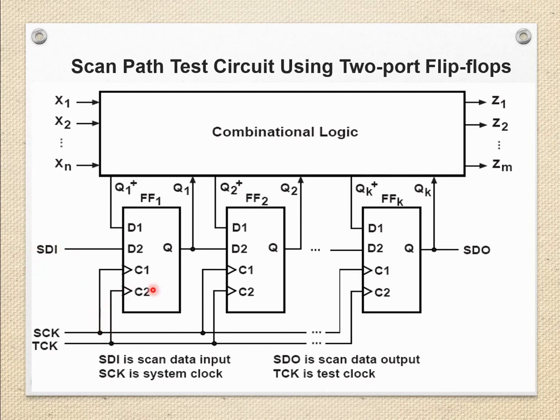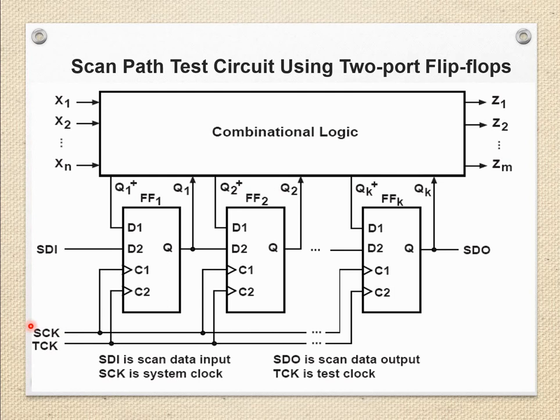All the clocks C1 are connected to SCK, that is the system clock, and the other clock C2 of all the flip-flops is also interconnected and given to the test clock. So either we can go for the test clock or the system clock.